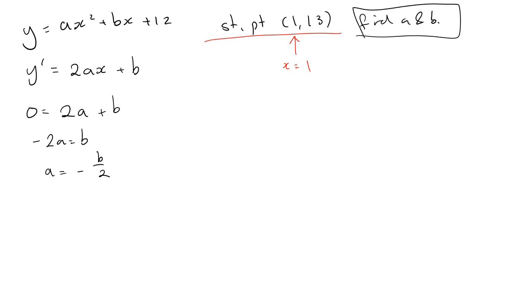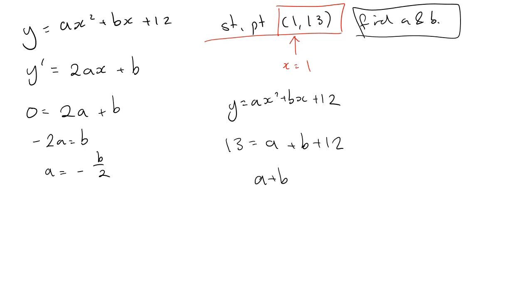So this is looking like simultaneous equations here. We also know that (1, 13) is a point on the curve y equals ax squared plus bx plus 12. So we substitute it in. 13 is equal to a plus b plus 12. So a plus b is equal to 1.